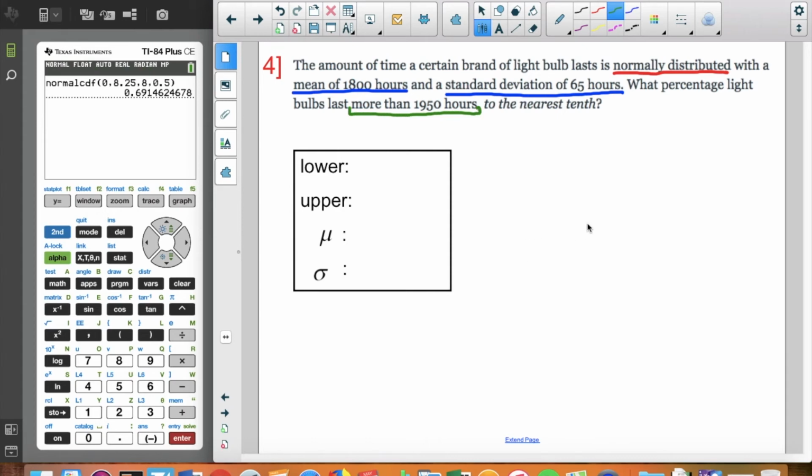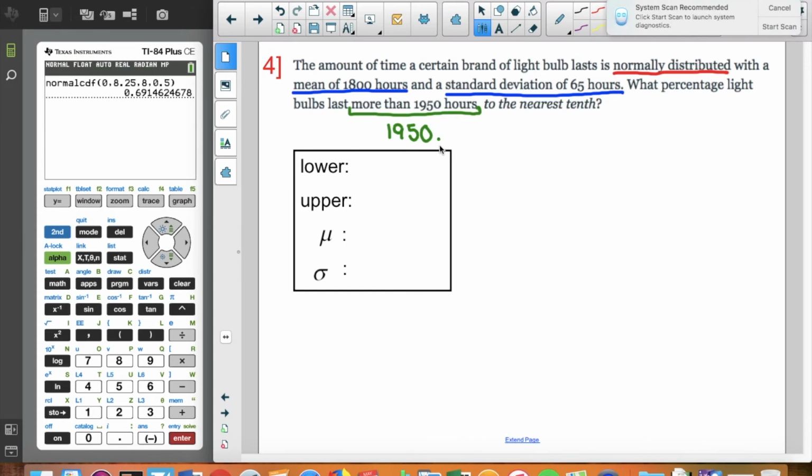So again, they don't give us a specific interval, but we know that our lower is 1950, but we don't know how high we can go.